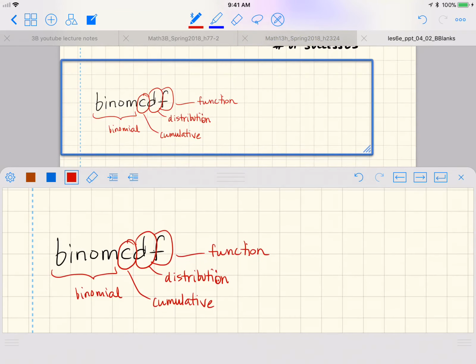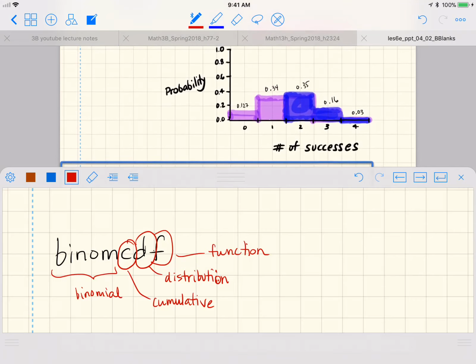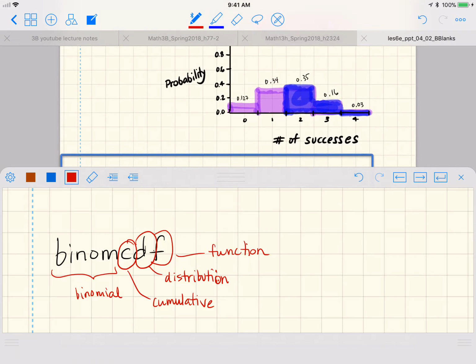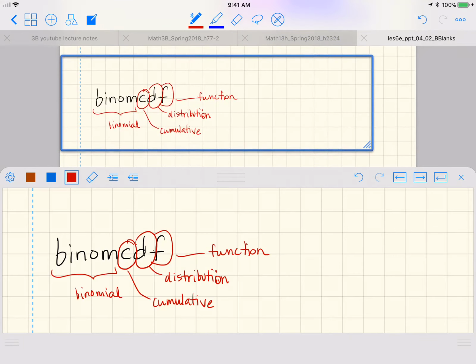Okay, so now what does the binomial CDF do? It has the same input, except binomial CDF keeps track of the probability of less than or equal to X successes.